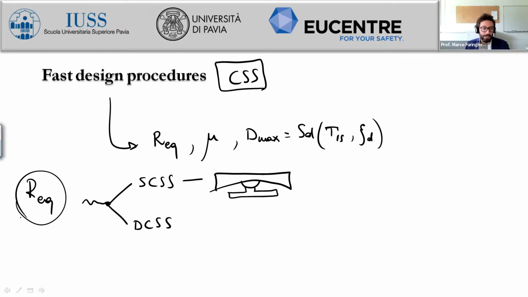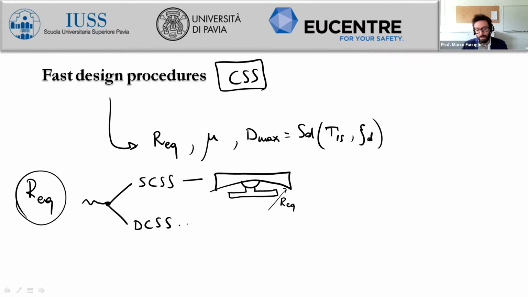So the equivalent radius of curvature is directly the radius of curvature of the main sliding surface.